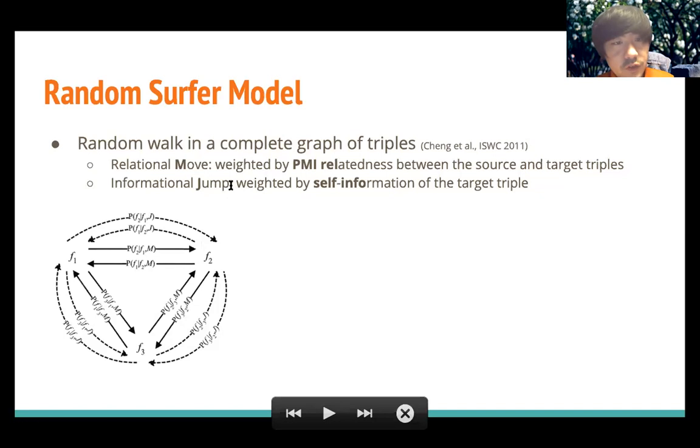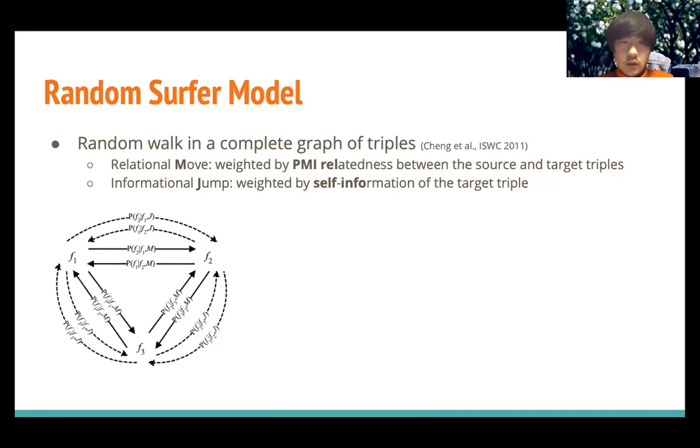And for the random jump, how likely the surfer will jump to an arbitrary target triple? We believe that the probability is related to how much information the surfer can gain from this jump action. So if the target triple can provide a lot of information, then the probability of this jumping action is higher.